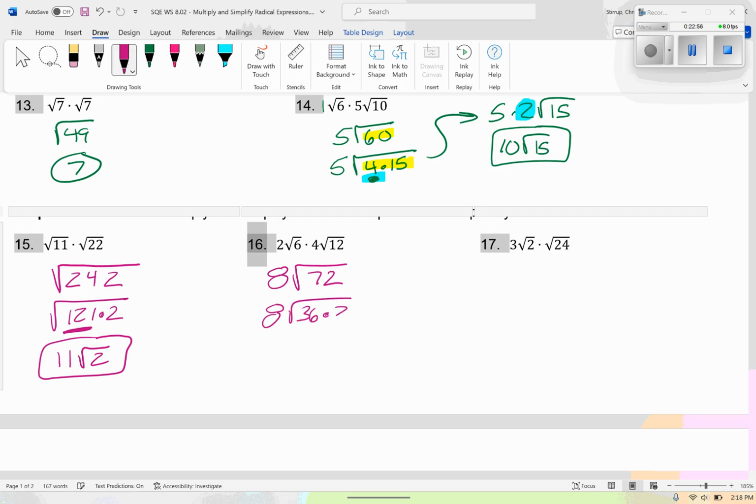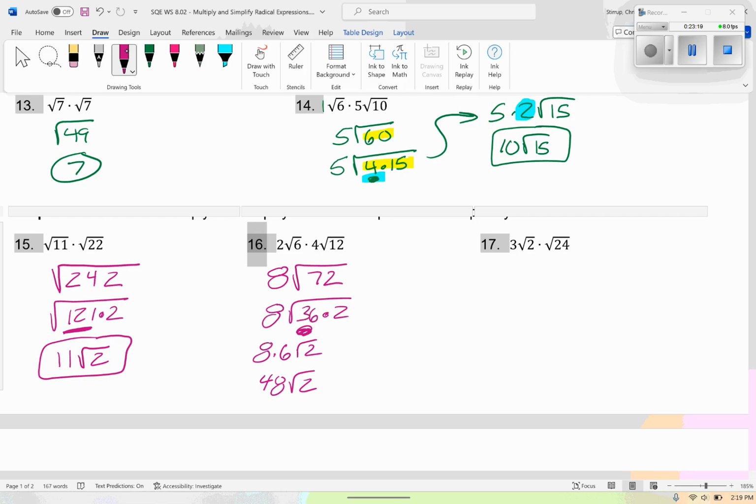I like it. Hey, what's the square root of 36? 6. What's outside? What 8 times 6 is? 48. Cool. That's done. 48 root 2.